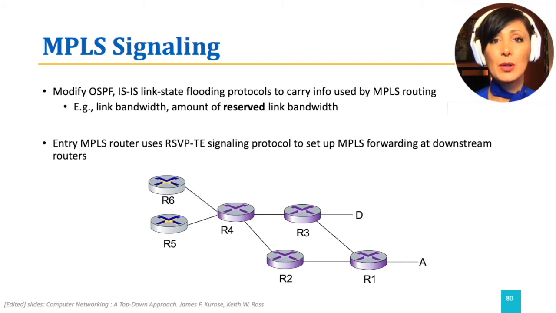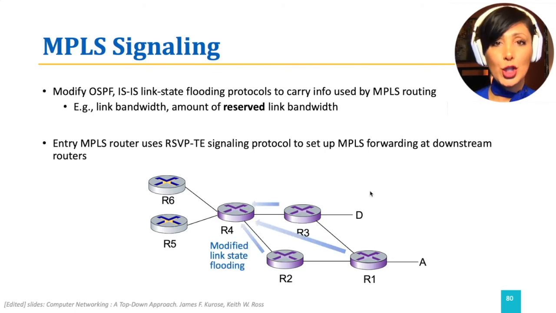For example, routers R1, R3, and R2 can let other MPLS-enabled routers know about their available bandwidth. Namely, if R4 wants to route something to A using MPLS, at the first step, it needs to be informed by R1, R2, and R3 about the reachability and available link bandwidths on the path to A.